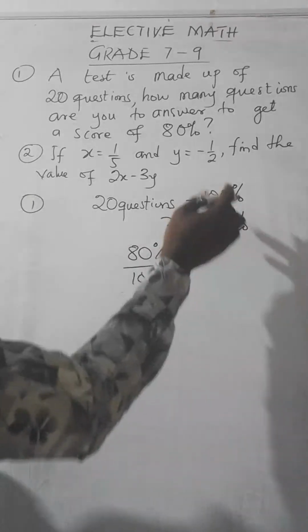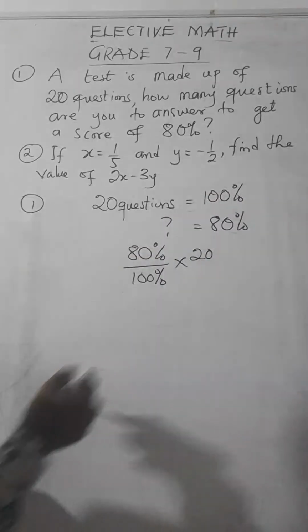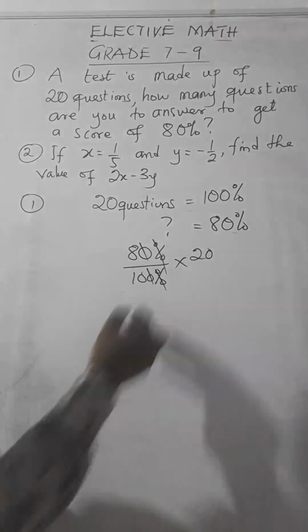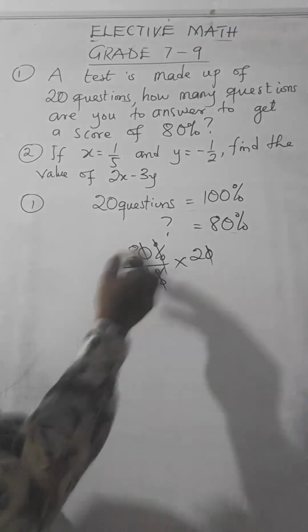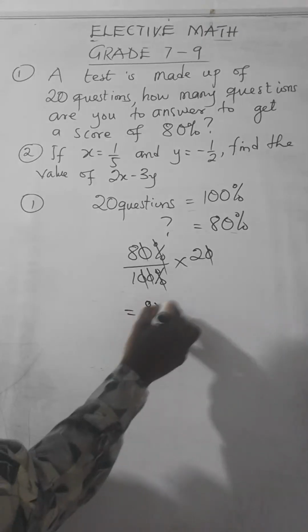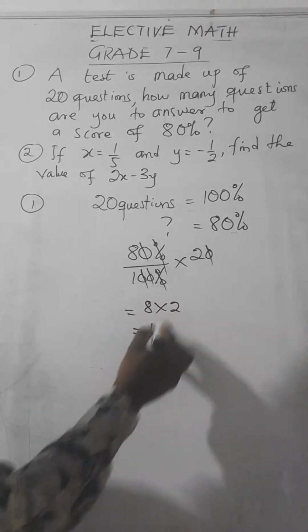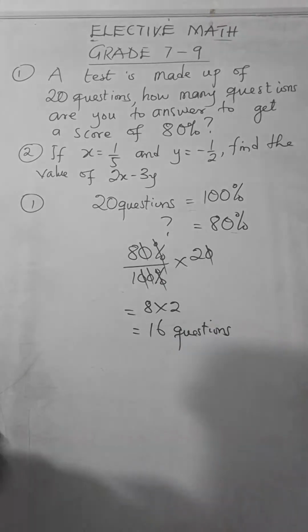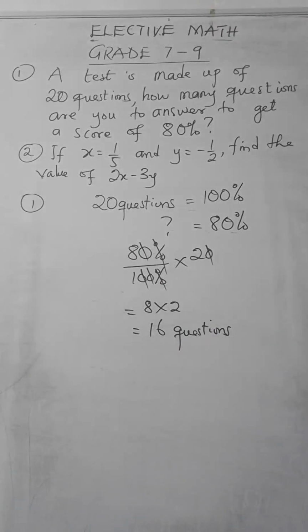And so if less, more divide. So here percentage cancels percentage, zero cancels zero, zero cancels zero. So you get 8 times 2, which is 16 questions, meaning that you need to answer 16 questions so that you get 80%. Okay.